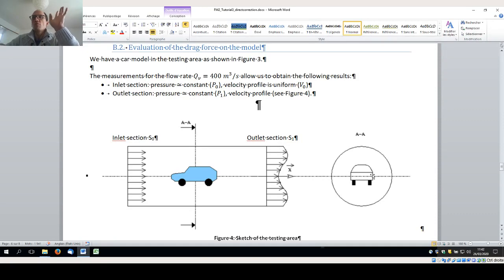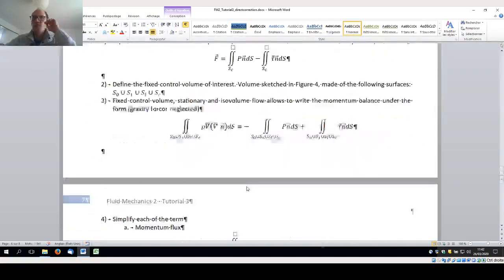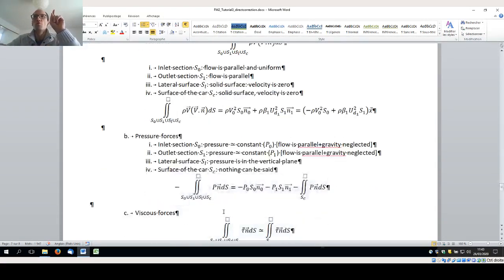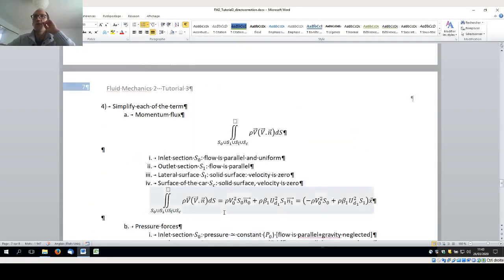But in all cases, what we can say is that the pressure is in the vertical plane, because the pressure is acting always normal. So the normal to the lateral surface will always be in the vertical plane.